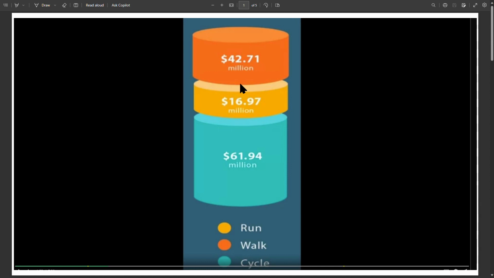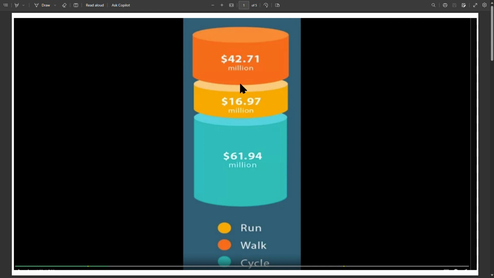What do you think about this picture? Is it clear to you what it's trying to say? Okay, let's proceed. For me, this is not really clear.